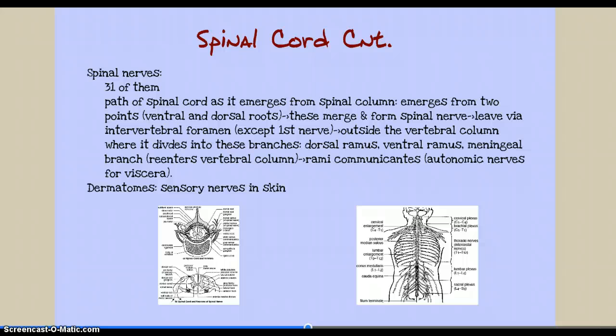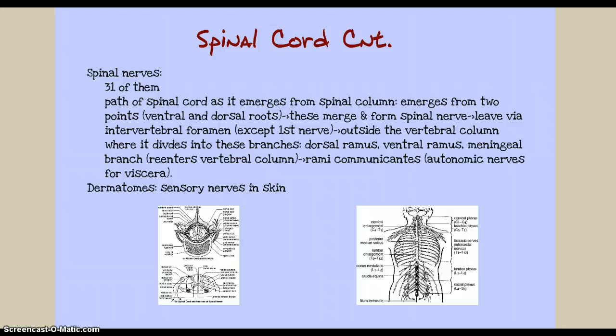So now, continuing on with the spinal cord, let's talk about spinal nerves. There are 31 of them. You don't have to memorize them for now, since this is high school. The path of a nerve as it emerges from the spinal column is this.